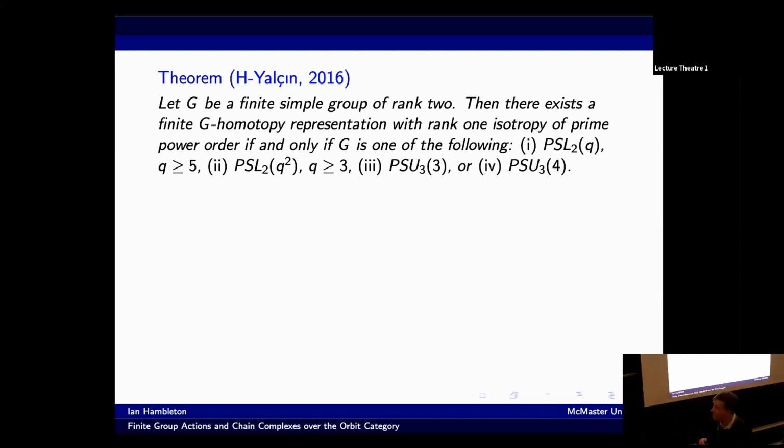So in this series, in the first few elements, 1 and 2 here, generally above 5, and above 3 for q in the second example, there are no orthogonal examples. So these are all what you might call new examples. And one of the last 2, I've forgotten which one, does have an orthogonal representation, but we were just trying to list all the rank 2 finite simple groups that exhibit this behavior.